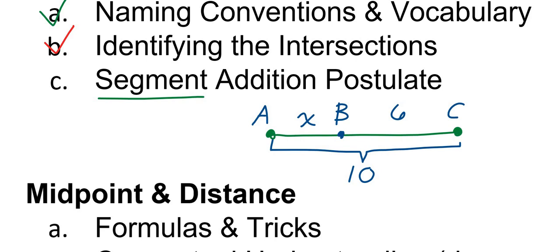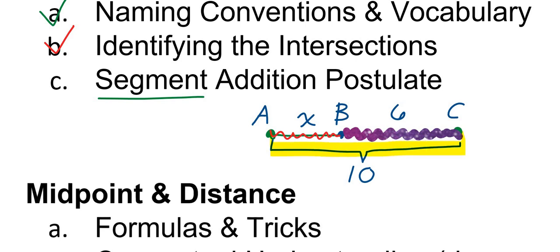The question would be, solve for X, or solve for the length of AB. Whenever you see a line segment that's cut into pieces, you need to know that the left piece plus the right piece is going to equal the length of the whole thing.